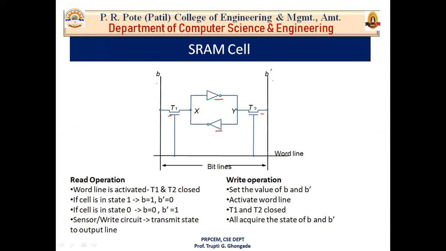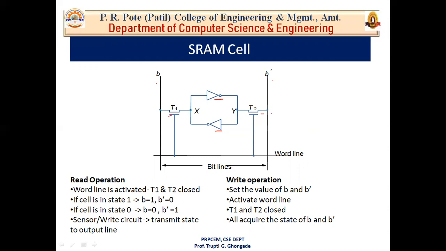Then they are connected through the two bit lines, that is B and B dash. As we have discussed previously, each memory cell is connected to bit lines, and these bit lines are connected to a sense write circuit. Likewise, there are two transistors, T1 and T2.